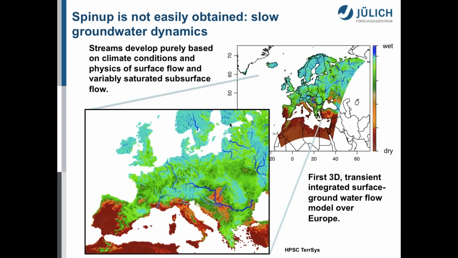So what happens now if you use this type of terrestrial system models, which are more physics-based? What you do is you initialize these models with a very arbitrary hydrodynamic initialization, and then you run these models over very long time periods, which we call spin-up, into some hydrodynamic equilibrium that is consistent with the atmospheric forcing, with the atmosphere.